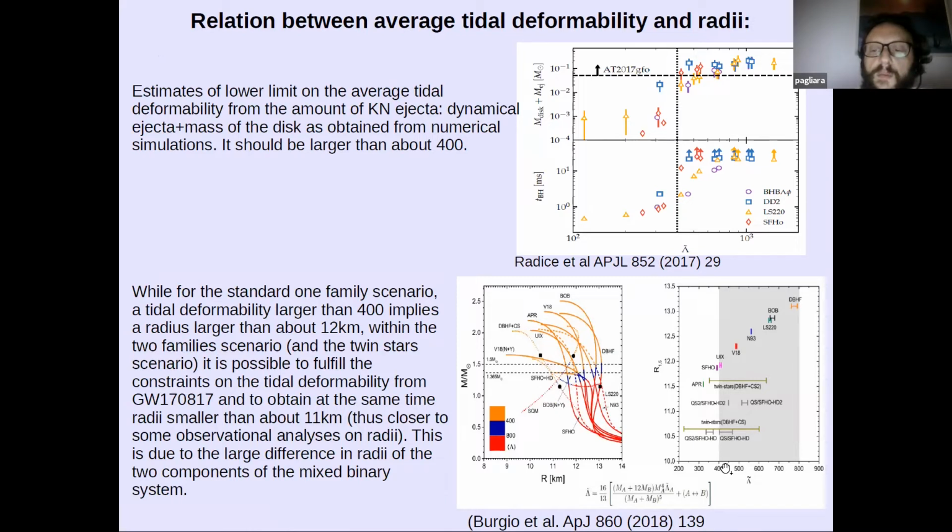If the tidal deformability is constrained to be larger than 400, which was the result of numerical simulations in order to obtain a significant amount of matter ejected in the kilonova, we could have, in our case, a tidal deformability larger than 400, and at the same time we could have configurations with radii smaller than about 11 kilometers, what is instead impossible in the one family scenario. So in the one family scenario, the constraints on the tidal deformability are strictly connected with constraints on the radii.